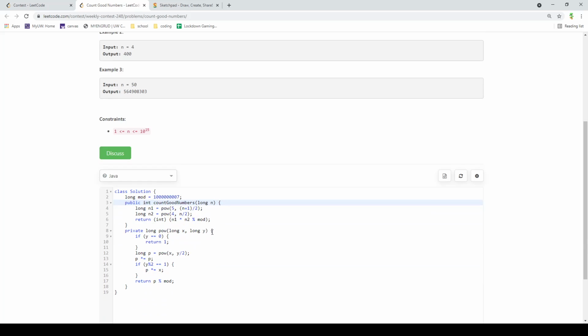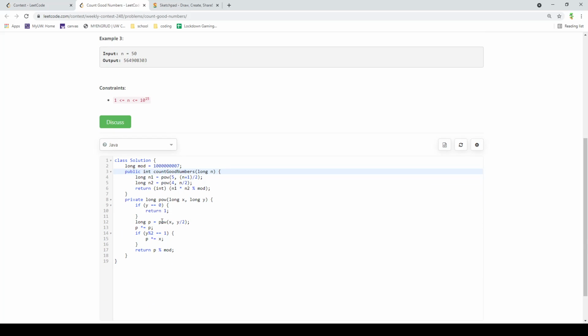So if we take a look at how that's implemented, we have our power function that raises one number to the power of another. If the second number is 0, we return 1, because that's how powers work. Otherwise, we find this divide by 2, and this will recursively go on.